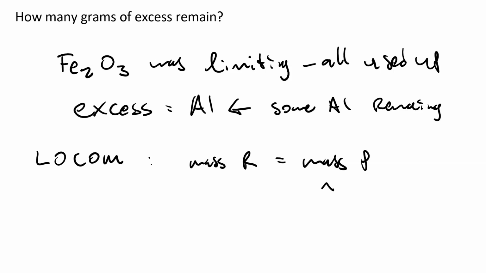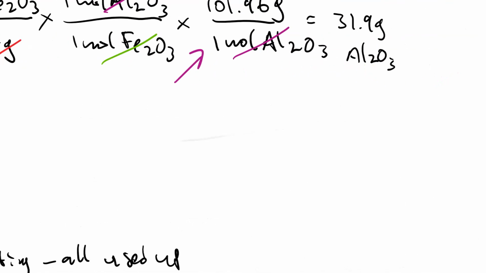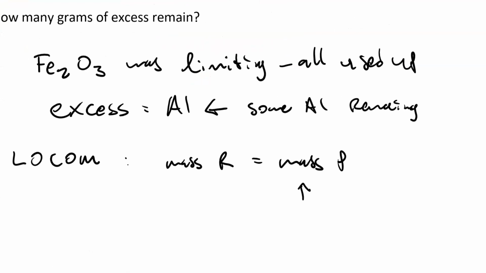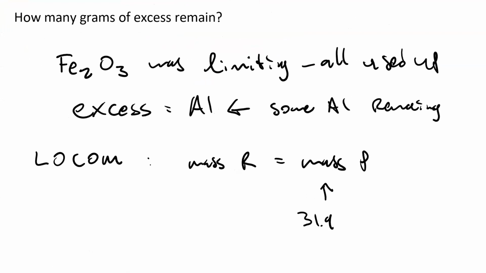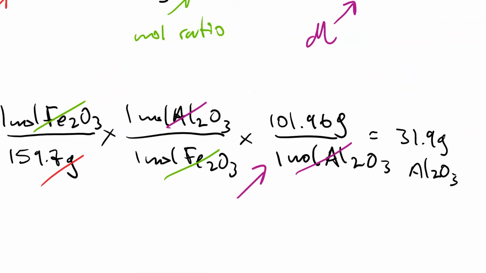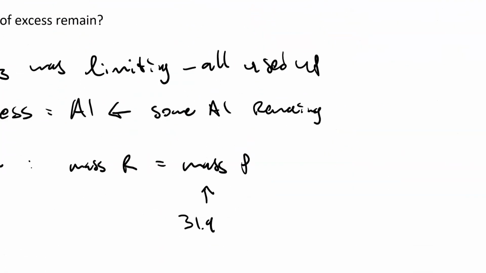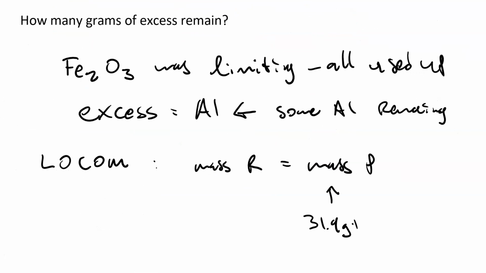We just calculated the mass of products. Namely, there was 31.9 grams of Al2O3 and 35.0 grams of Fe. So 31.9 plus 35, that gives us 66.9 grams total.